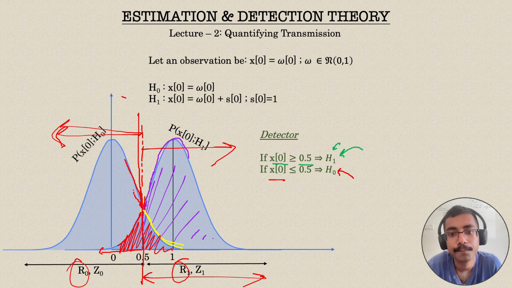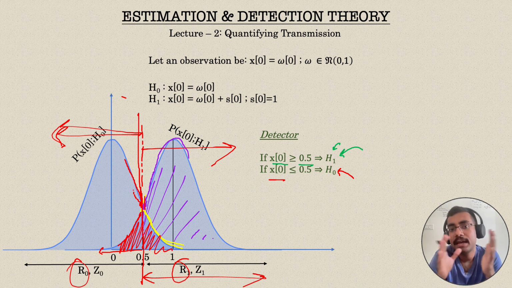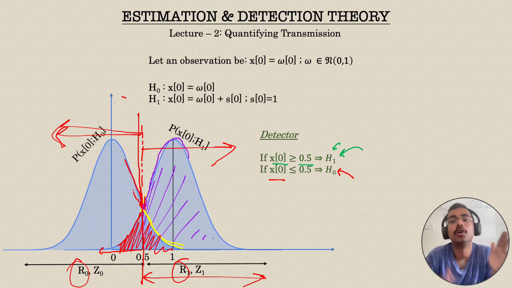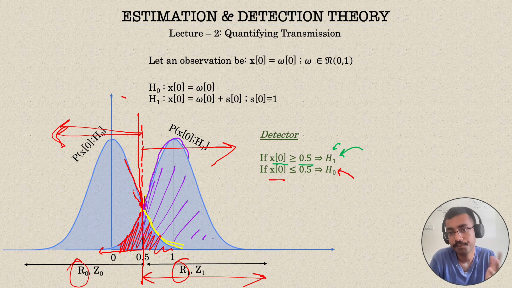Okay, so what we did here, we built a very basic detector, where we have defined certain terms: what is the threshold, what is the boundary beyond which we can comfortably say that it is very much possible that we have hypothesis H1 if this exceeds a value, and if it does not exceed the value, then hypothesis H0 is true.